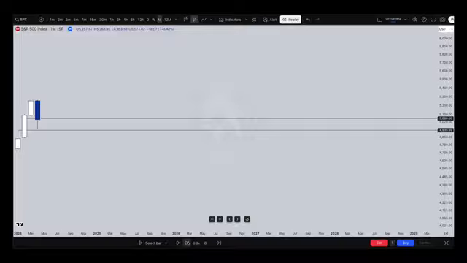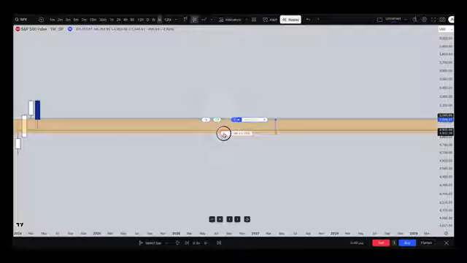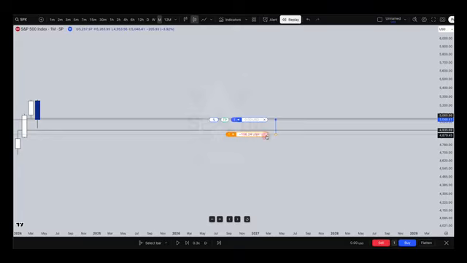So when price trades into the fair value gap, you want to take a buy position. You can put your stop loss just below the fair value gap, giving price a little bit of room to run. You can risk $150 on that trade.